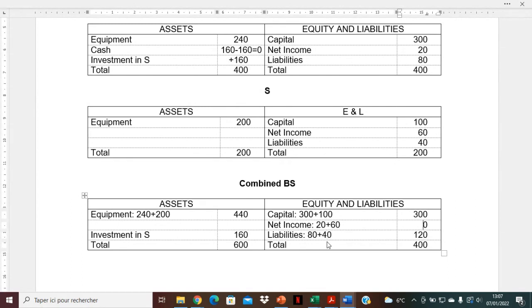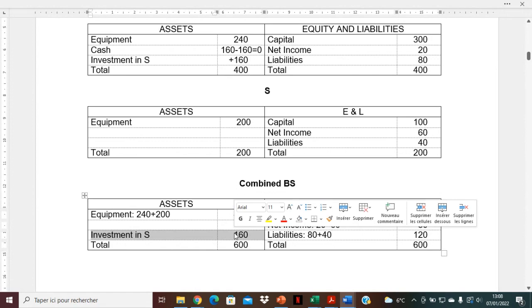Okay, which means here I have all these final values, and obviously my combined balance sheet is also balanced. Okay, so I just add up all the numbers line by line, and then we need to eliminate what is group internal. Well, here I have something that is group internal, which is the investment.